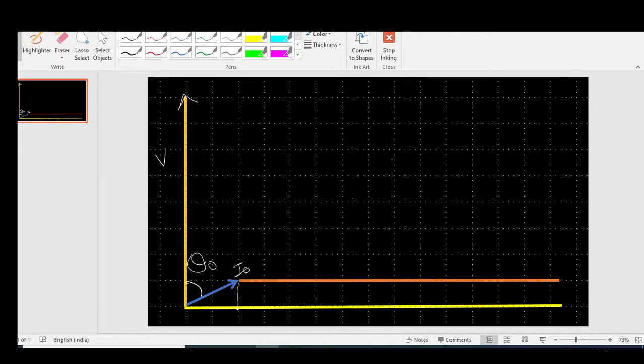This length is I naught cos theta naught. Now if we do V I naught cos theta naught, what does that indicate? That is W naught. So basically, in this way, the gap between these two lines represents our no load losses. Correct?